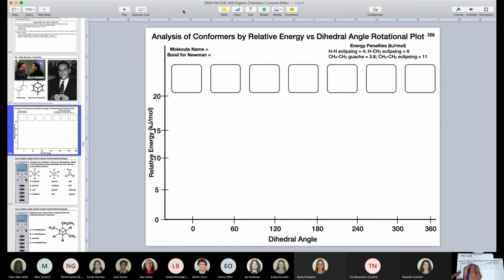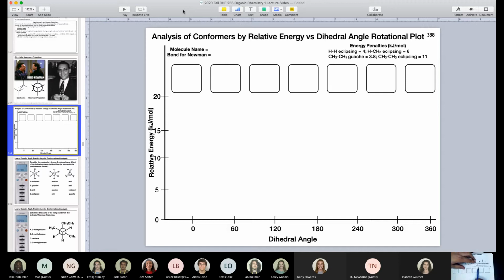We're looking down only C1, C2. That's all we can look down. Here are the energy penalties for those eclipsing interactions. The sheet is in the page that says lecture screencasts. If you scroll down, it might be a bit hidden, but it's a PDF file.